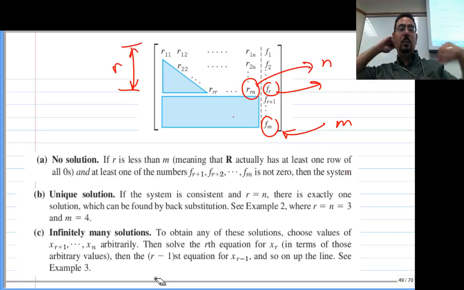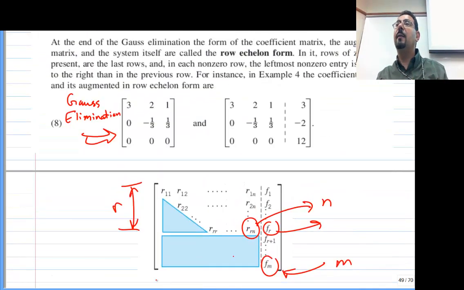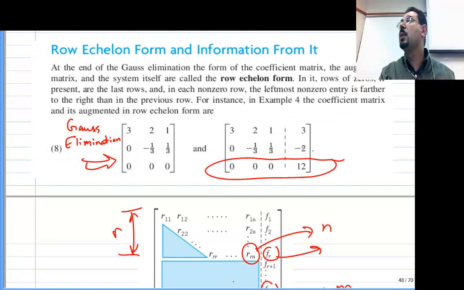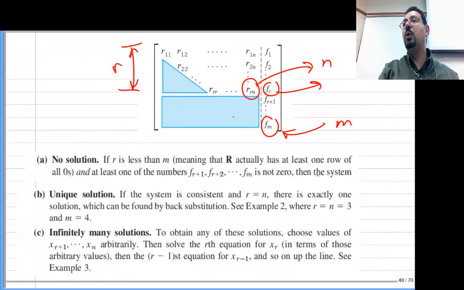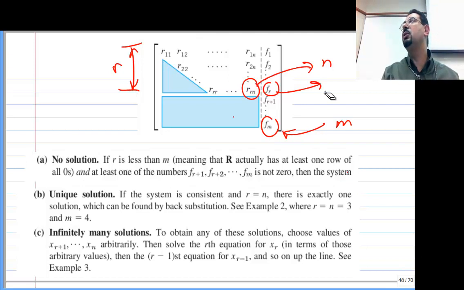Yes. On the slide where you had 0, 0, 0 equals 12, if we use that, would that be a rank 2? It doesn't really matter at this moment what the rank is, because this system has no solution. If you end up with m more than r, with a row where you have a number but no actual coefficients, then it's already no solution.